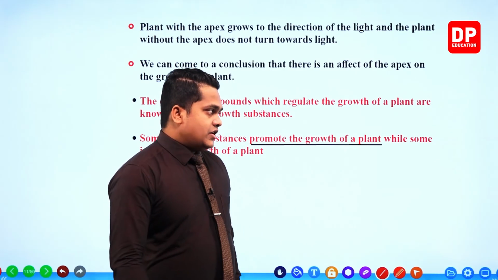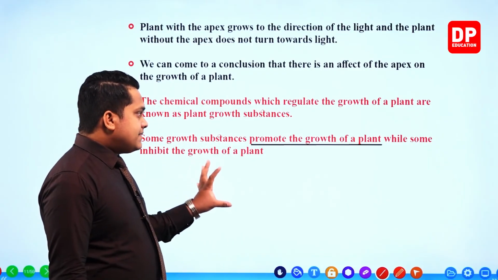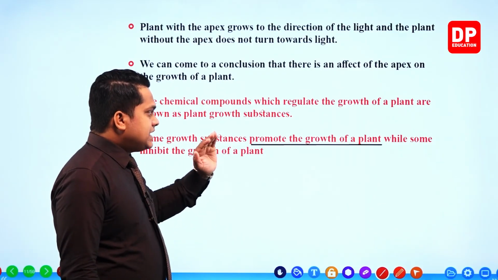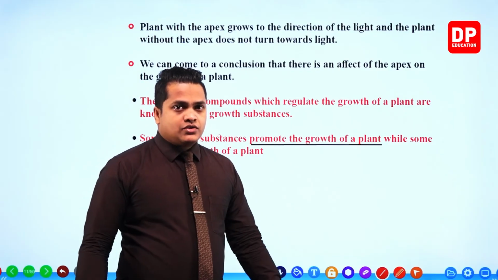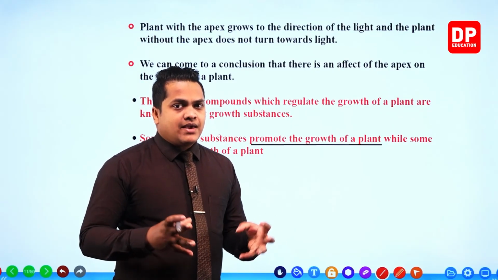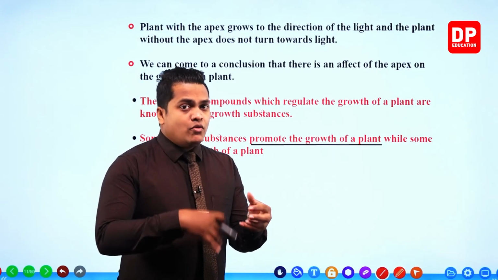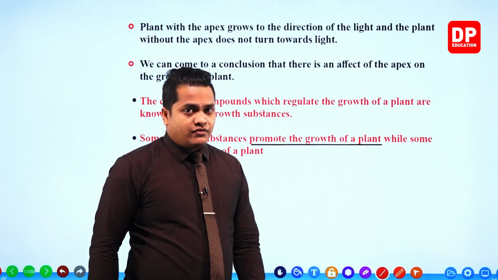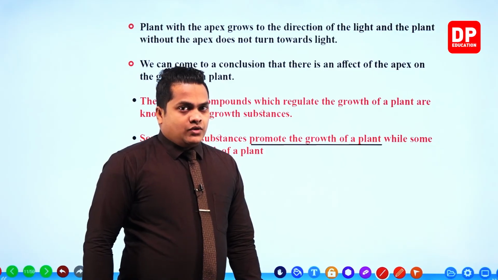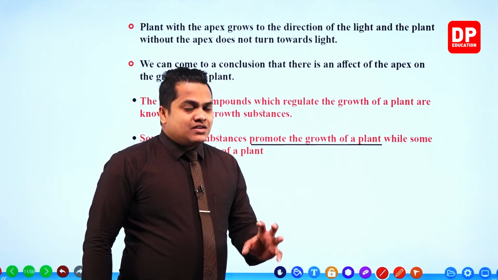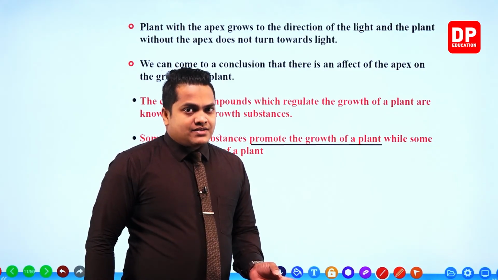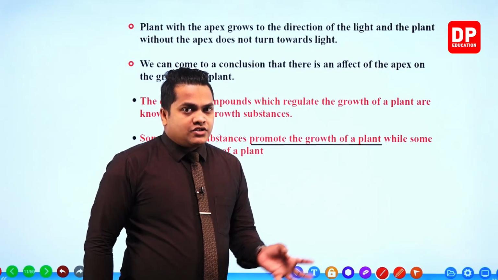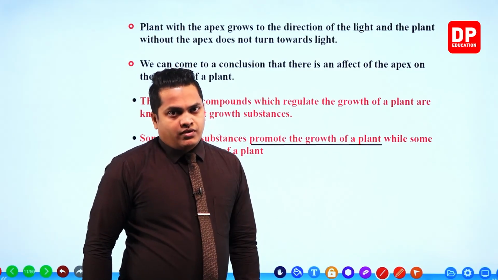So there are some substances that can promote growth. The apex has chemical substances that can accelerate or increase the rate of growth. So the growth chemicals contained within the apex of a plant are going to promote the growth of a plant.